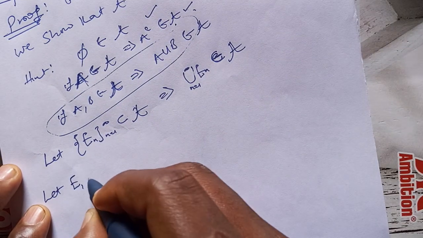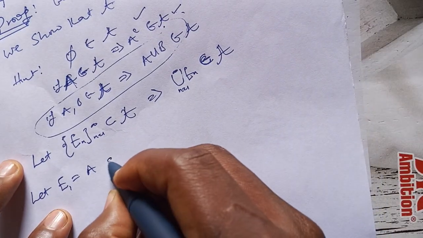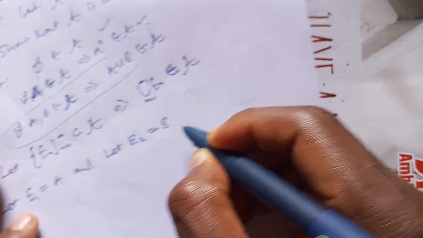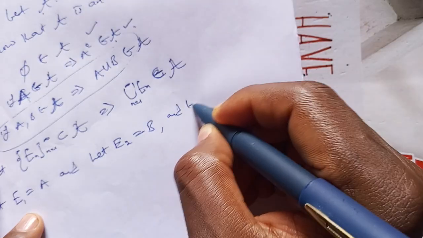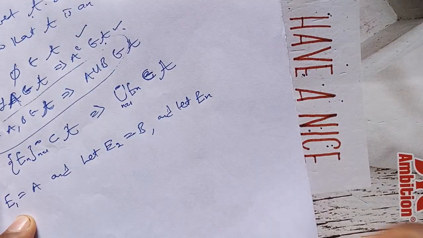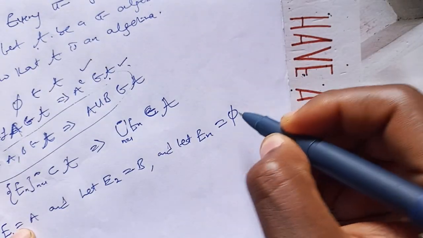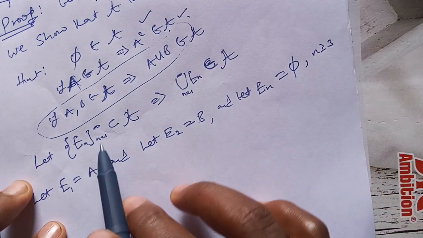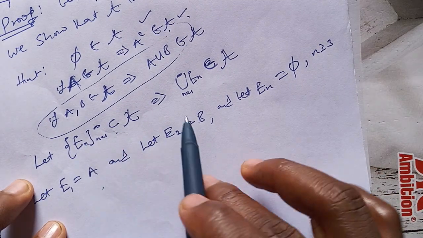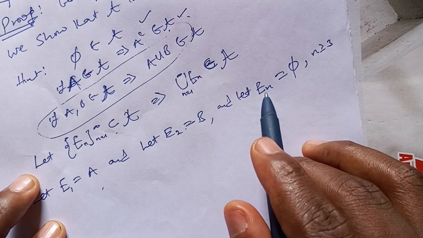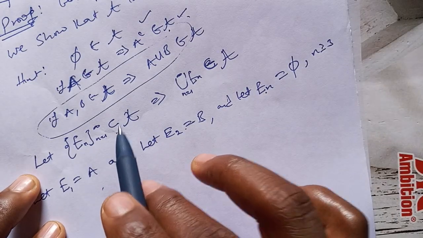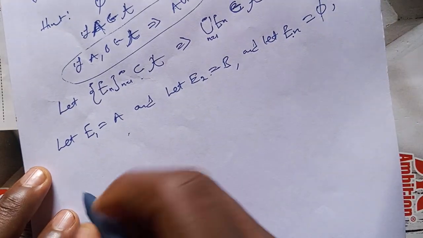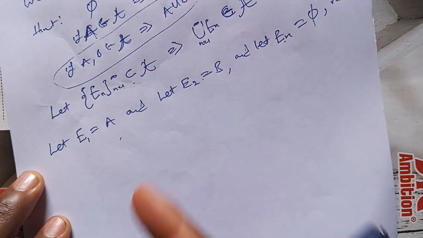Let E1 equal A, let E2 equal B, and let En equal empty for n greater than or equal to 3. So when n is 1, we call it A. When n is 2, we call it B. And when n is 3 or above, that is when n is greater than or equal to 3, we call it empty.